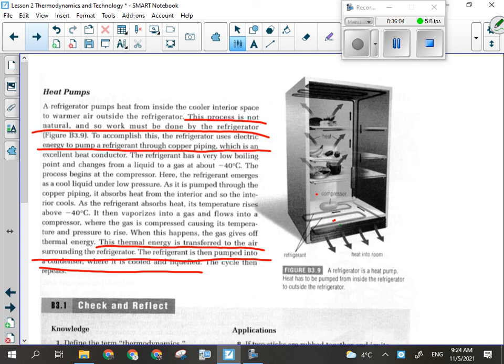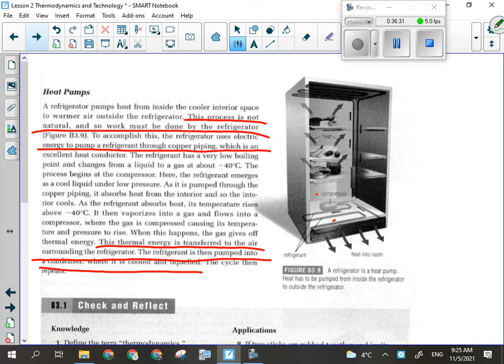When it does that, the energy that it absorbed is now given off, and a fan blows it out into the room. So the compressor actually gets hot as the refrigerator runs because it's constantly taking the energy from the vapor to turn it back into a liquid. So it takes the gas, turns it back into a liquid, and then pumps the energy that comes from that out into the room.